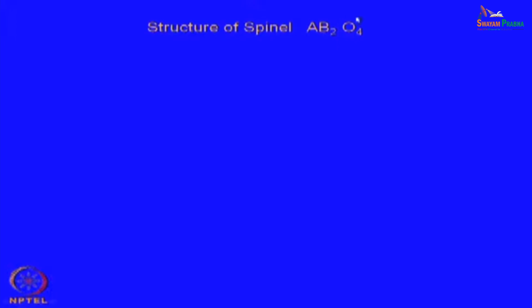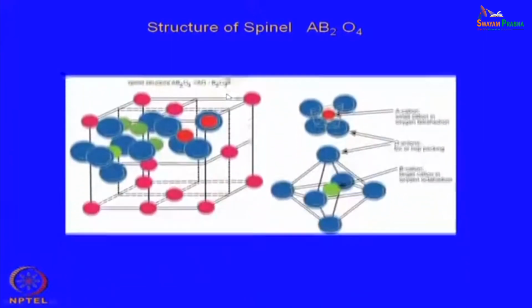Together they form AB2O4. So, A is a divalent metal, B is a trivalent metal, and then oxygen. There are a large number of compounds in this spinel structure also. In fact, perovskite and spinel, there are a huge number of compounds available in these structures.